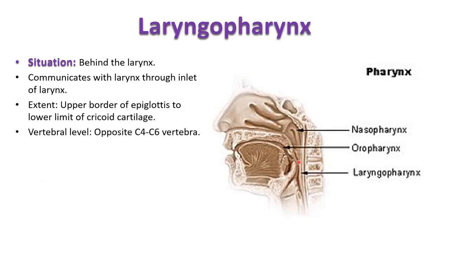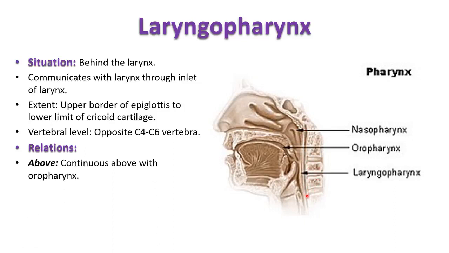So it lies opposite the fourth, fifth and sixth cervical vertebrae. The posterior relations are the vertebrae with the intervertebral discs, followed by the prevertebral muscles and the prevertebral fascia.